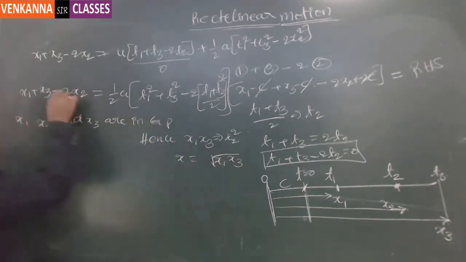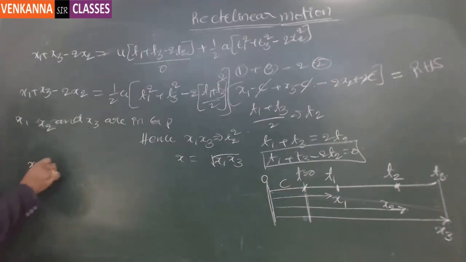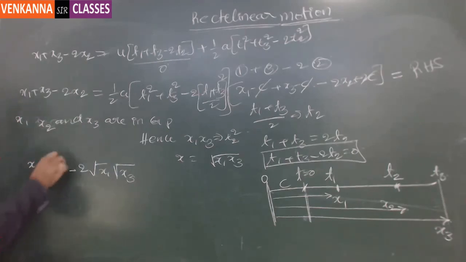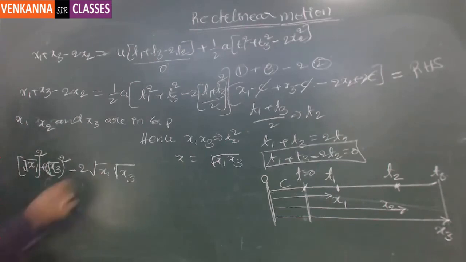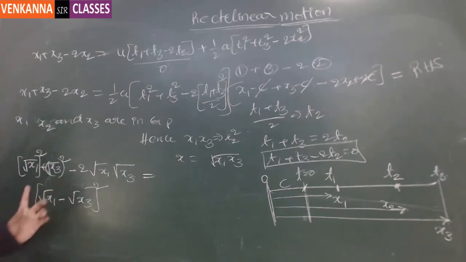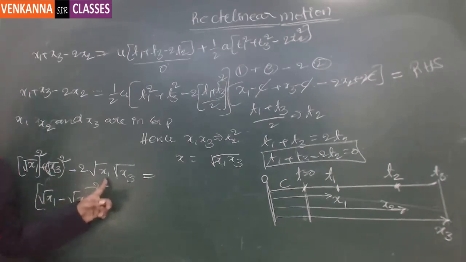Now if I replace it here, x1 plus x3 minus 2 times square root of x1 square root of x3. And this I will call as root x3 whole square and root x1 whole square. Now if you notice, this is root of x1 minus root of x3 whole square on the left hand side, because it's a square plus b square minus 2ab format.